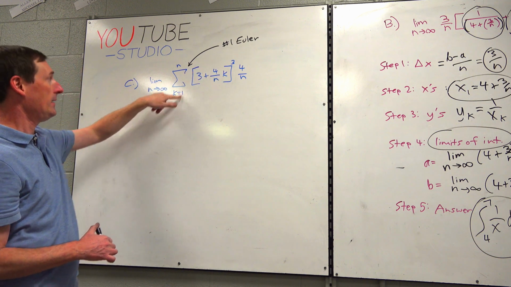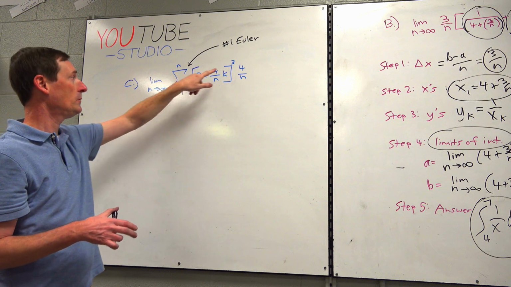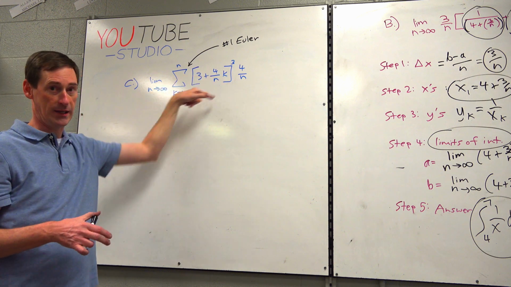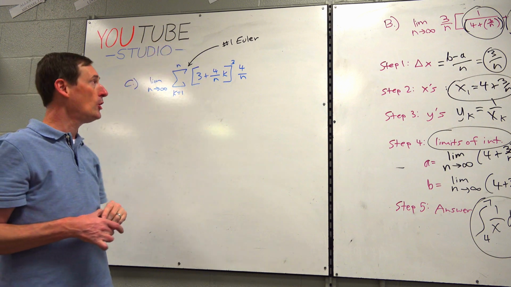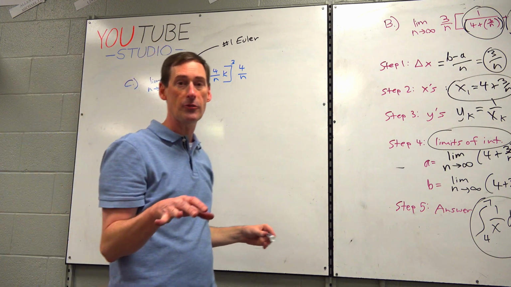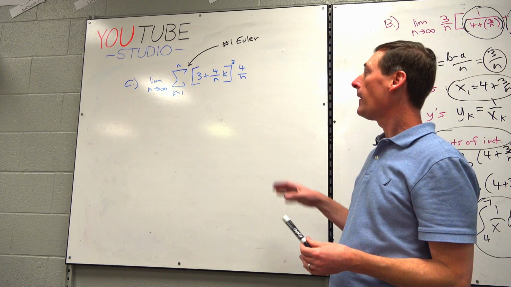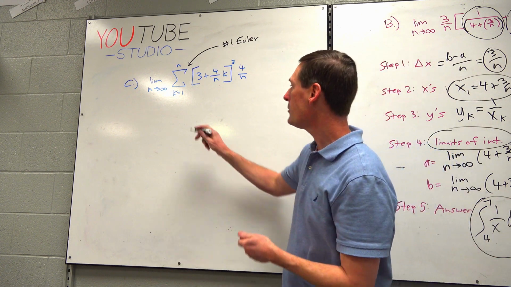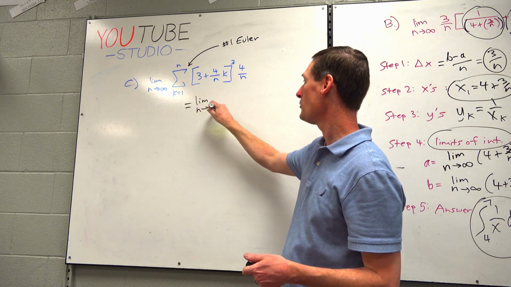Take 2 for k, plug it in. Integers only. Take 3 for k, plug it in. 4, 5, 6, 7, 8, and then stop when you get to the top number. Okay? So a little quick refresher if you forgot this from integrated 3, or if you were never taught this in pre-calculus, quick refresher. You are allowed to write this out the long way if you want. Of course, I'm going to show you how to do the shortcut.